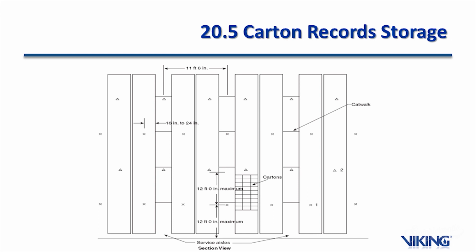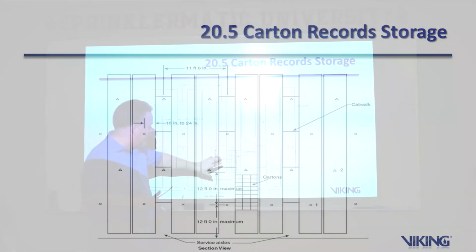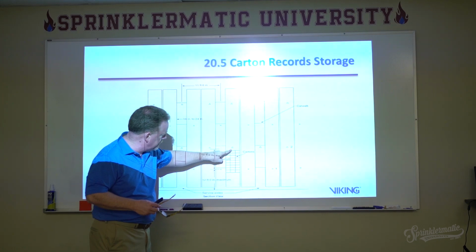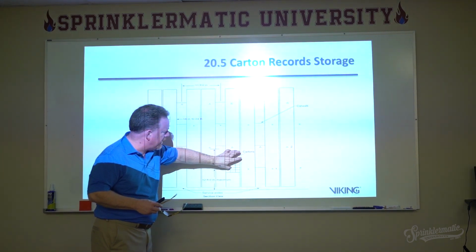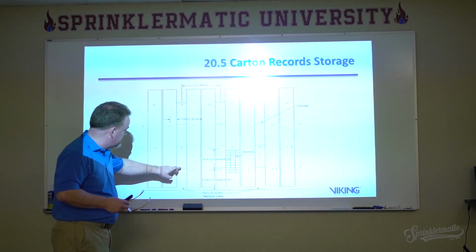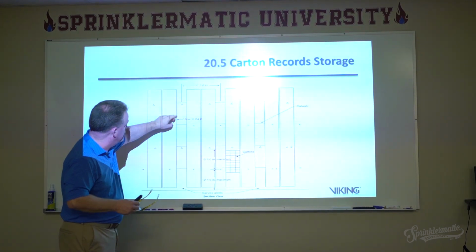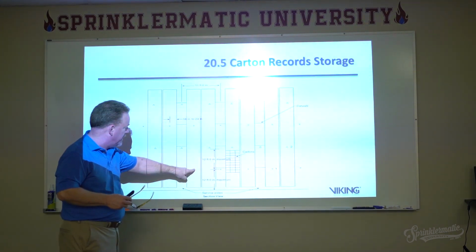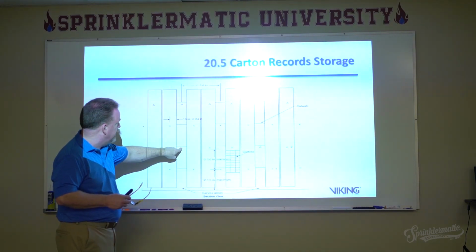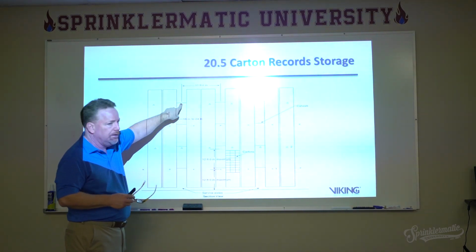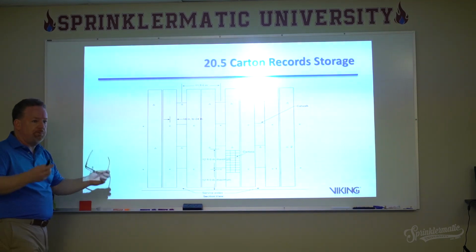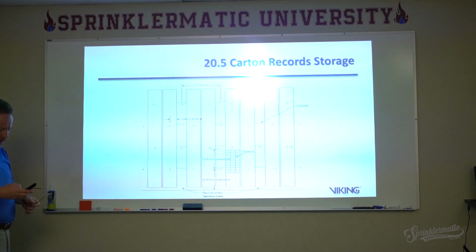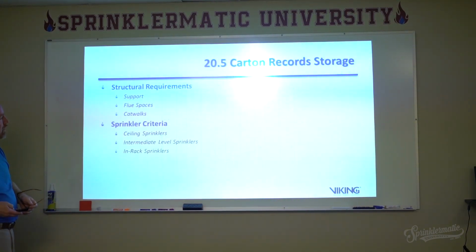We have cartons all the way between the two rack members, with access provided here, here, here. These are catwalk accesses to these spaces. So we're going to have a sprinkler in the rack and alternatively underneath the catwalk. It's a special design for that particular arrangement in Chapter 20.